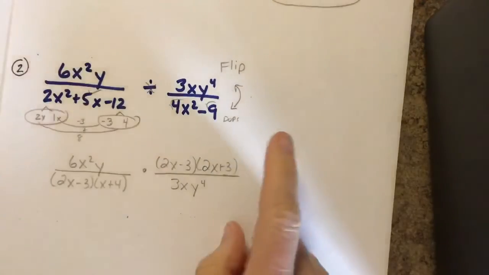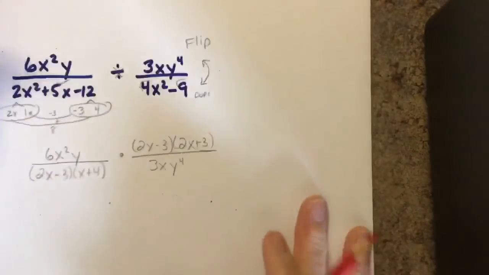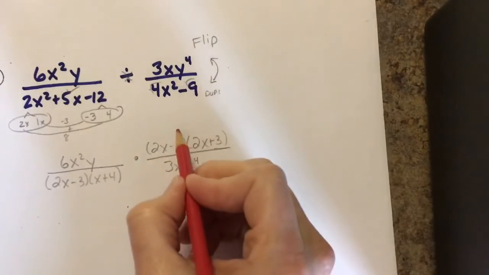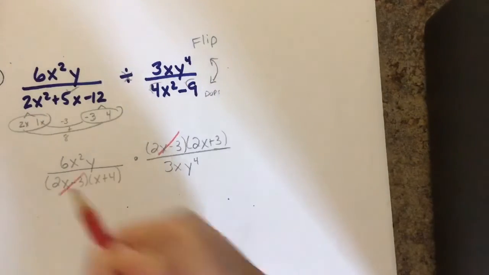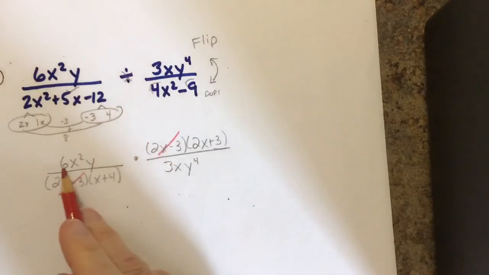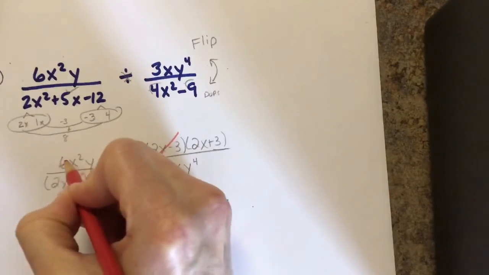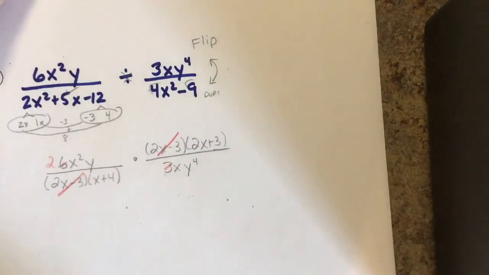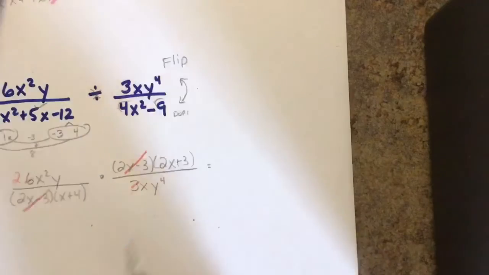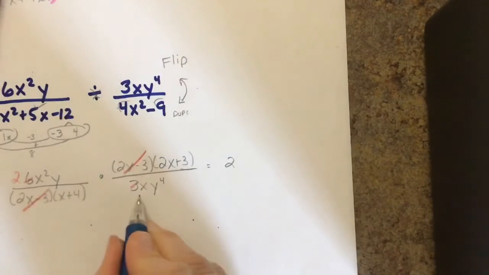All right. So do a flip, factor. Now we cancel, same thing in the top and the bottom. The 2x minus 3's cancel. Now, what about this? 6 divided by 3 becomes 2. So what's this going to equal? 2 on the top, x squared divided by x.